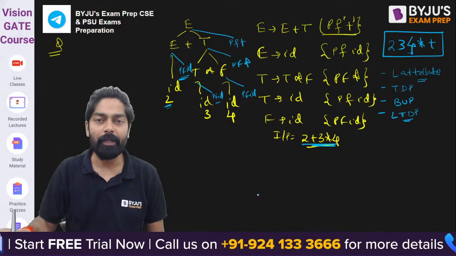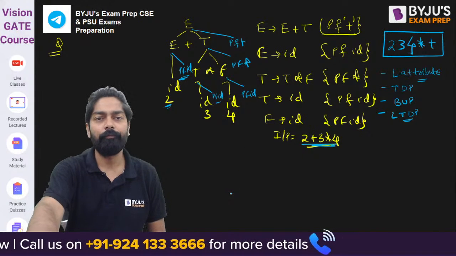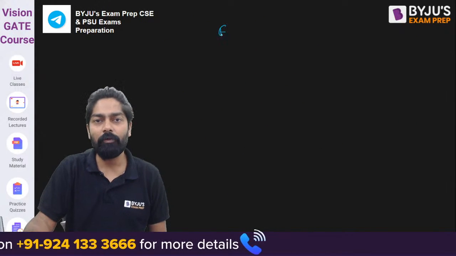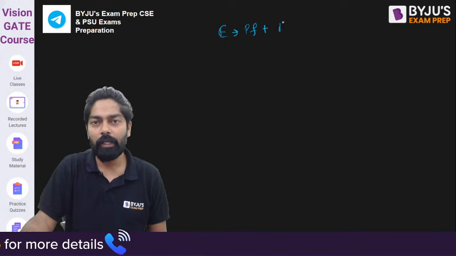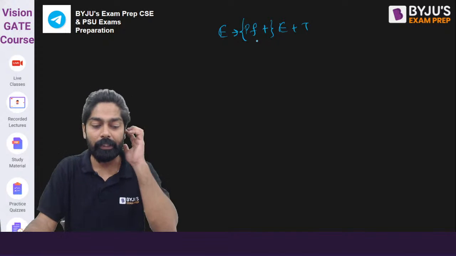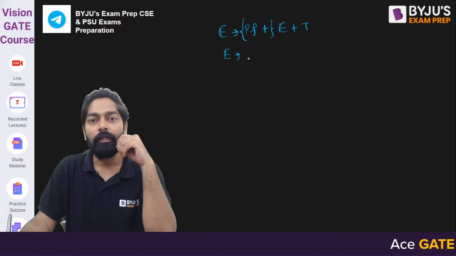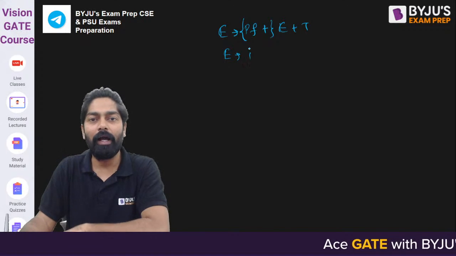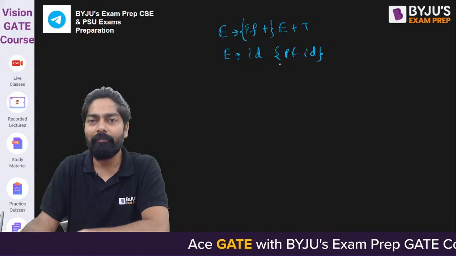What happens if I write the same thing like this? Let me write it here. E goes to printf plus E plus T. Maybe in the exam they will write it like this also. E goes to ID, and this is printf ID. ID I can write anywhere, no problem.